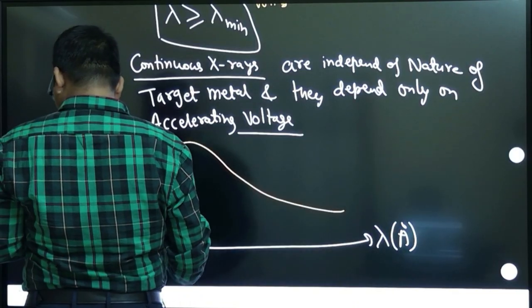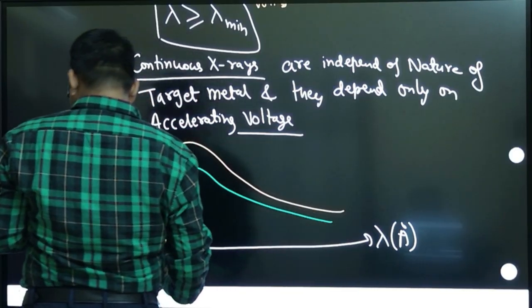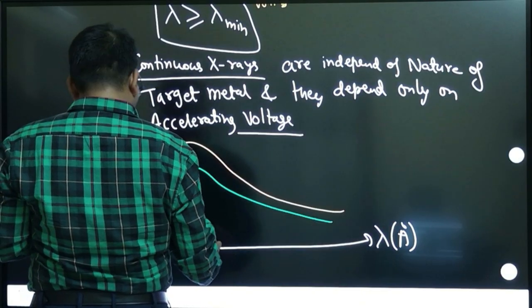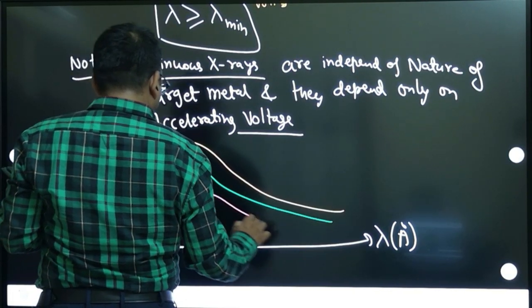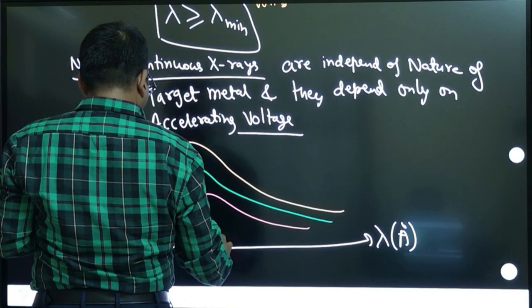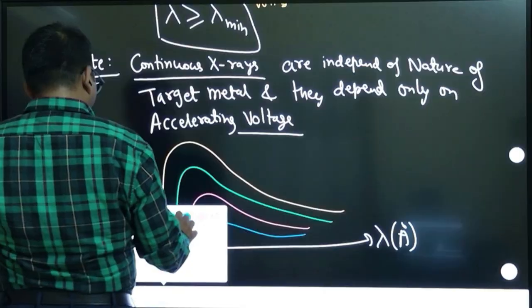Then for smaller accelerating voltage it may go like this, and for still smaller, like this. So these are different voltages.